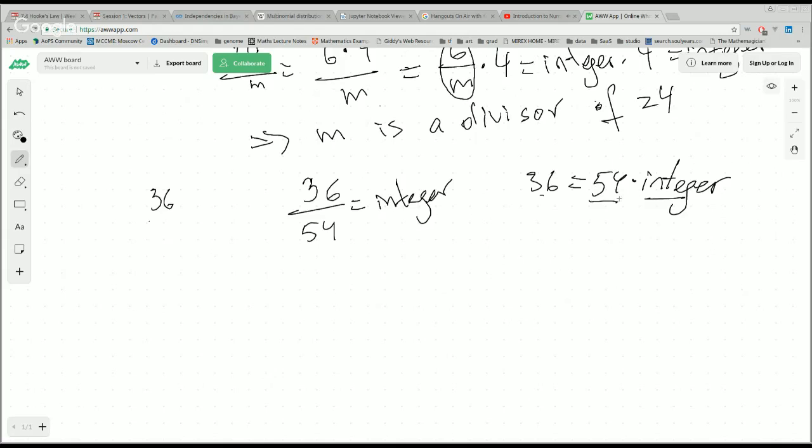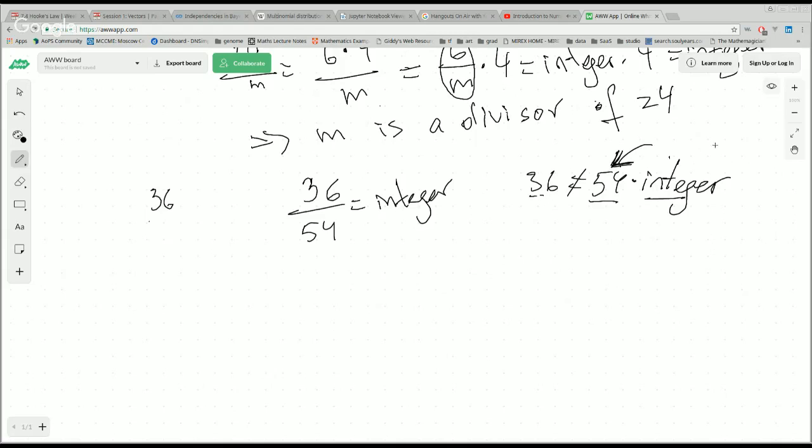If your integer is positive, 1, 2, 3, 4, 5, you get numbers bigger than or equal to 54, which cannot equal 36. If your integers are negative, -1, -2, -3, then you get the same things except negative: -54, -108, etc. None of them can equal the positive number 36.